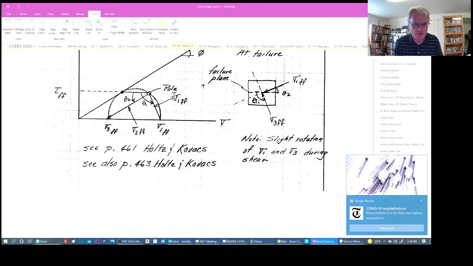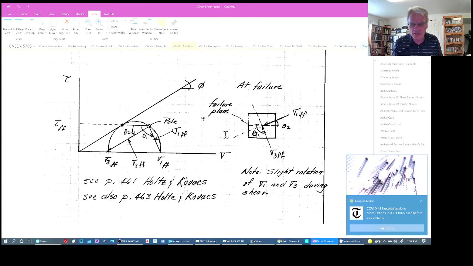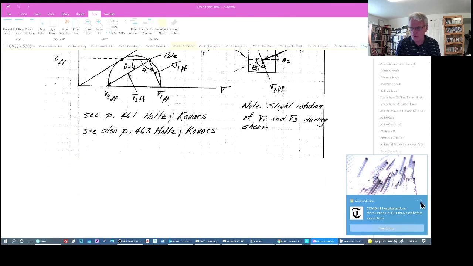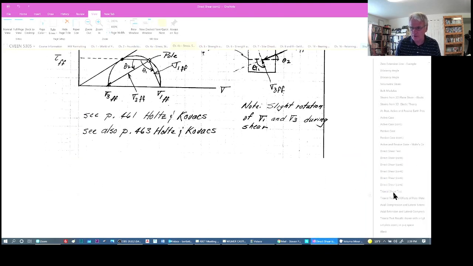The major principal stress is perpendicular to that, so this is its direction. Likewise, this is the plane upon which the minor principal stress acts, and if we draw a line perpendicular to it, this is the direction of that stress. So we know now that the stresses have rotated. Initially sigma 3 was horizontal and sigma 1 was vertical, and this stress rotation is what has happened. We can't really control this. It just happens during the test.